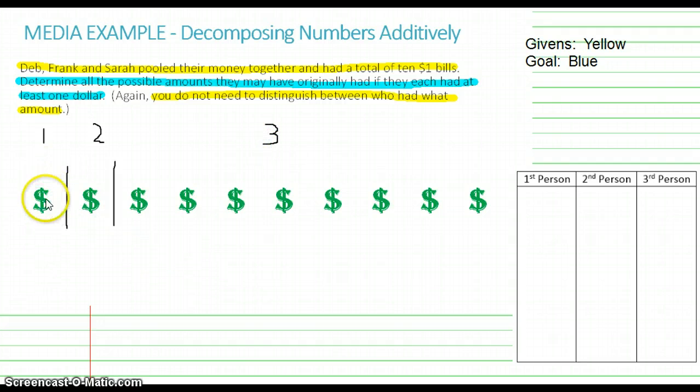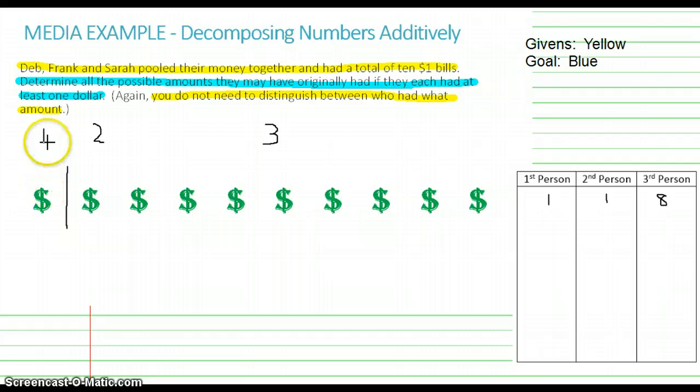So we have $1, $1, and $8. But now notice that there are many combinations, if we move away this partitioning, many ways to split these 9 $1 bills between the second and third person. This is how it's different from the last problem.